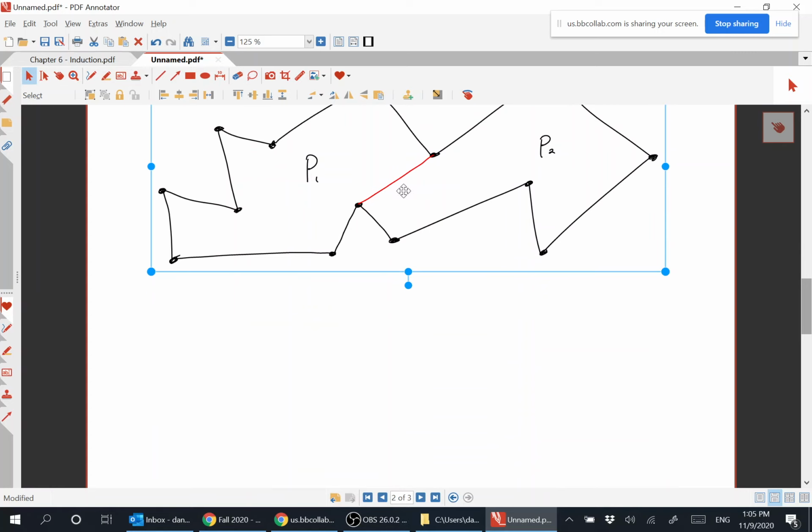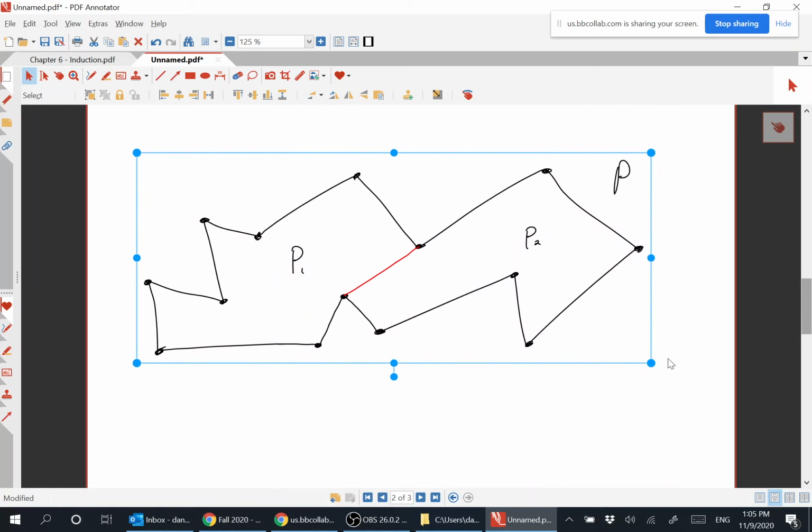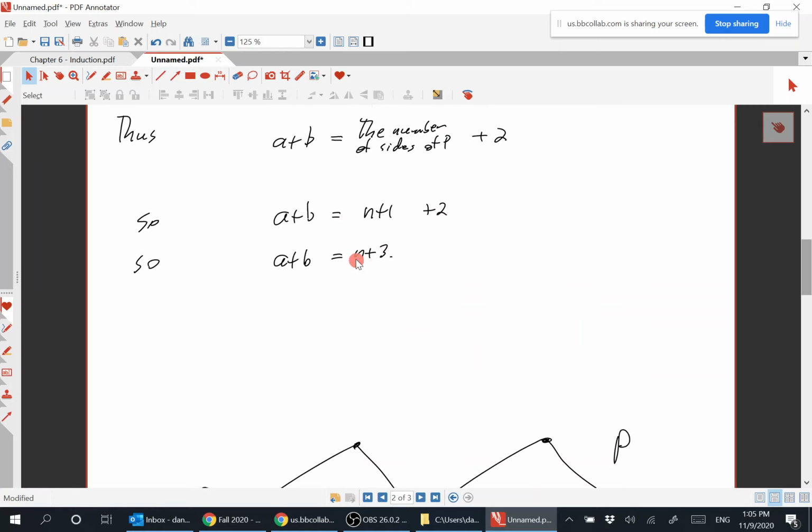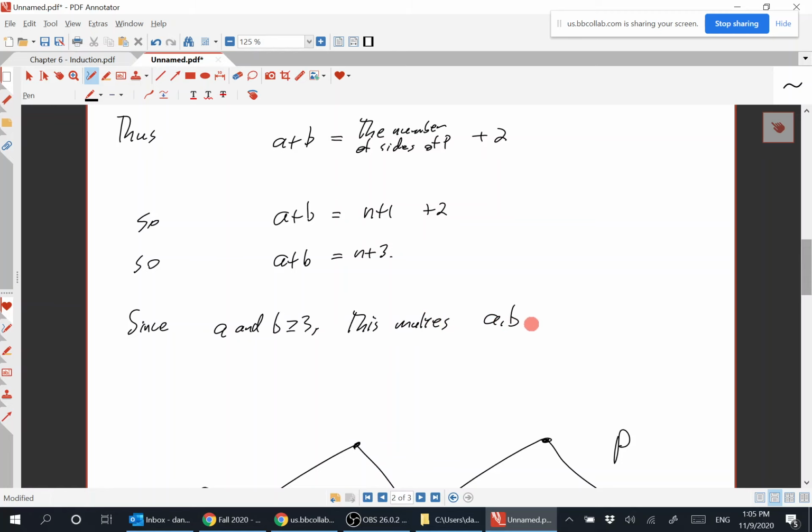Oh, well, before we get into that, so A plus B is equal to n plus 3, and since A and B are both bigger than or equal to 3, otherwise they won't be polygons, this makes A and B elements of what set? What is the domain for A and B, I guess?